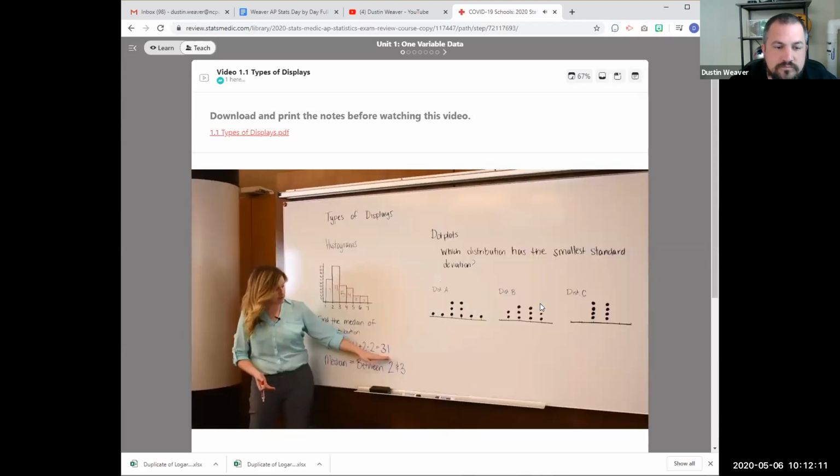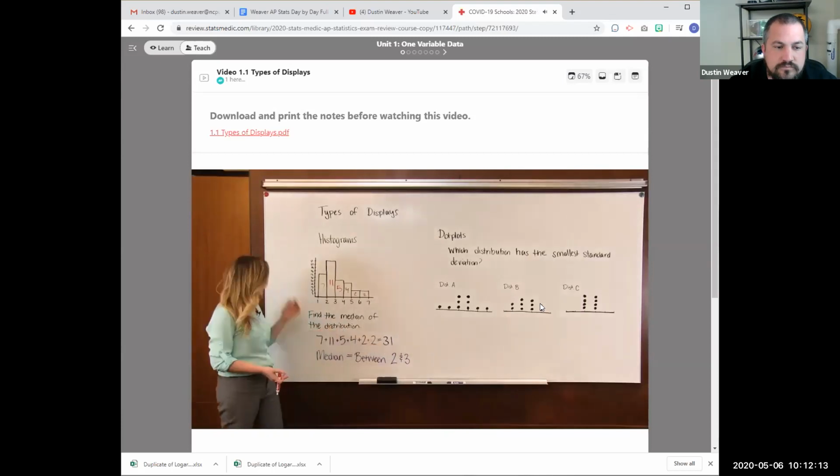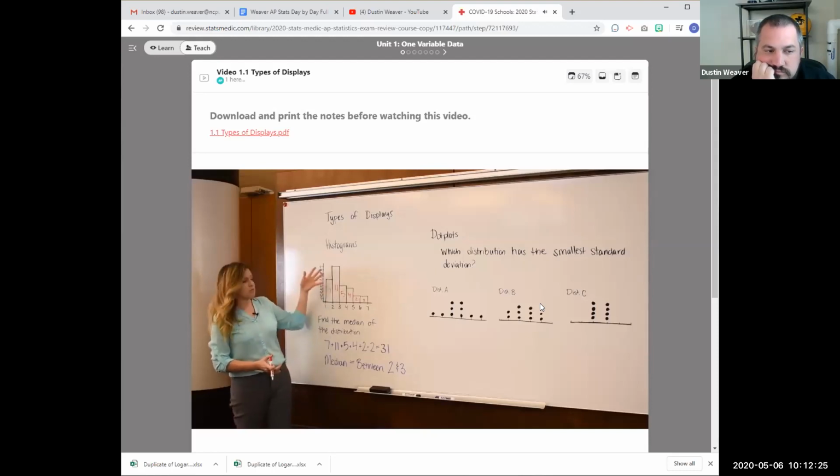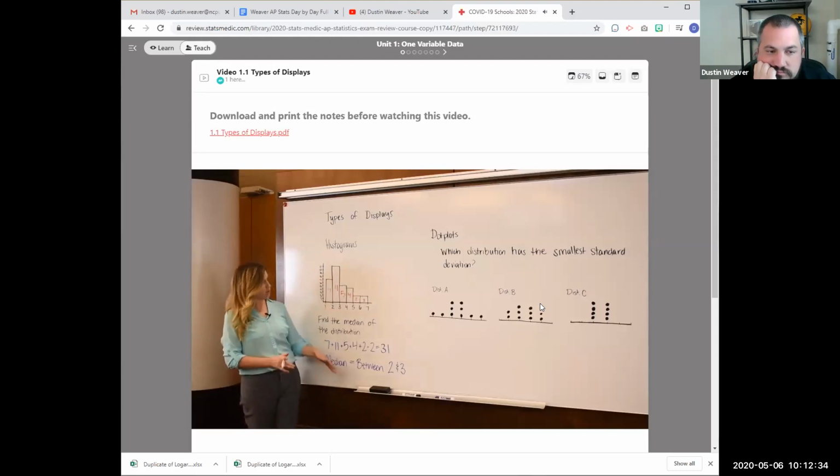There are 31 total in this data set, so our median is located exactly in the center, which would be at the 16th data value. So as I count up here, I've got 7 in my first bar, so I know I haven't reached the median yet. Through my next bar now, I'm up at 11 more, so 18, which tells me the median is located in this bar between 2 and 3. So our median for this distribution will be between 2 and 3.